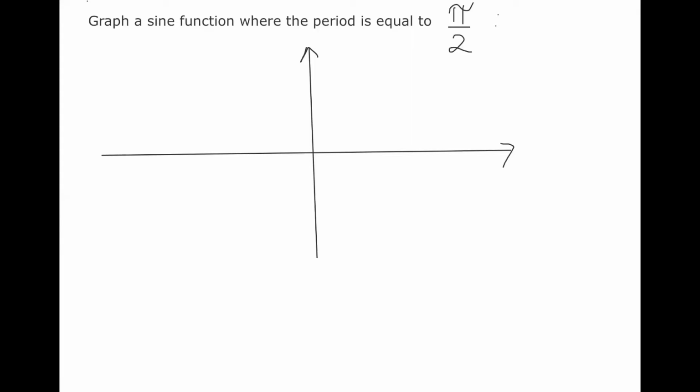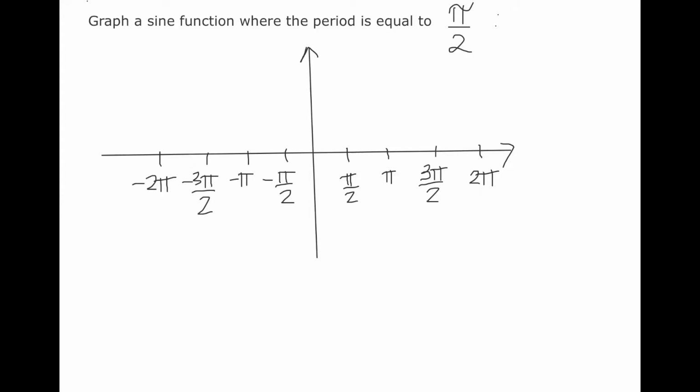Okay, one more example. Graph a sine function where the period is equal to pi over 2. So let's start graphing. If our period is pi over 2, we have to get pi over 2 and divide it by 4. So you're going to have pi over 2 divided by 4. And if you don't remember how to do this, we can write 4 as 4 over 1.